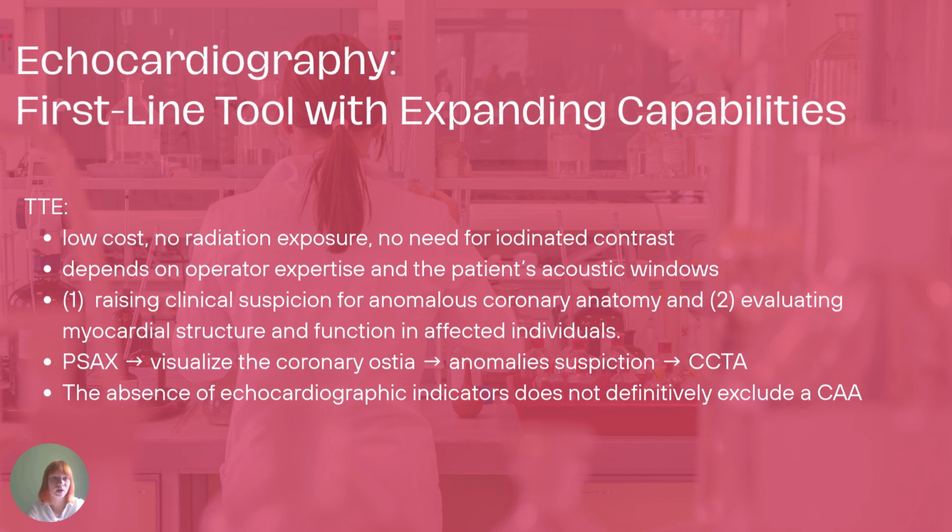It is used for raising clinical suspicion of anomaly and also to evaluate its physiological effect on the heart's function. The view mostly used to visualize the coronary ostia is the parasternal short axis view. And of course, if anomaly suspicion occurs, the patient needs to be referred for CCTA.